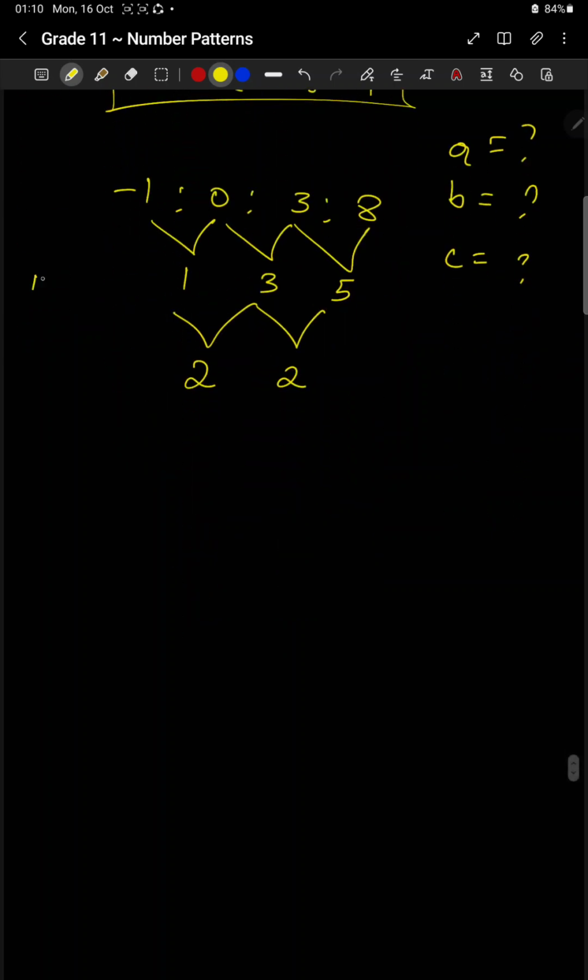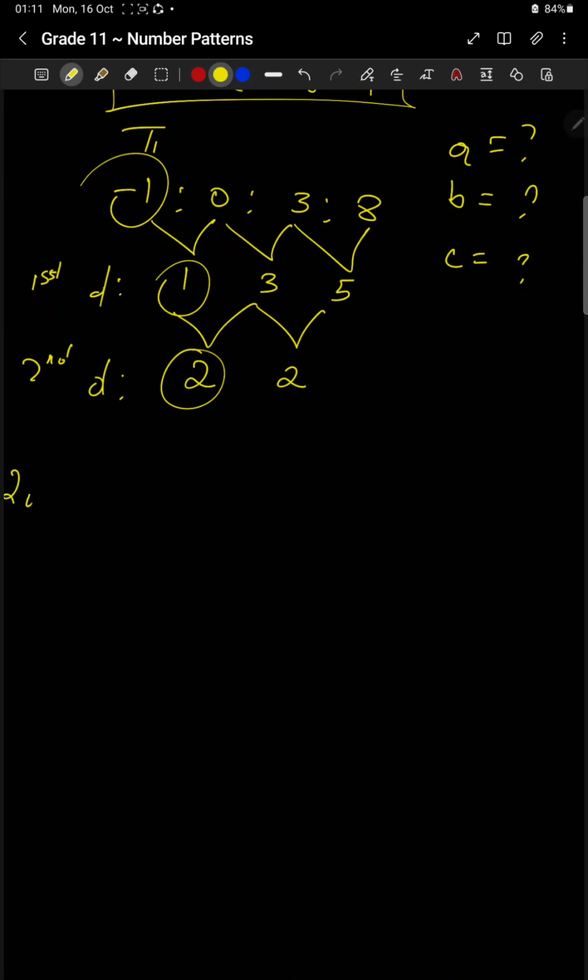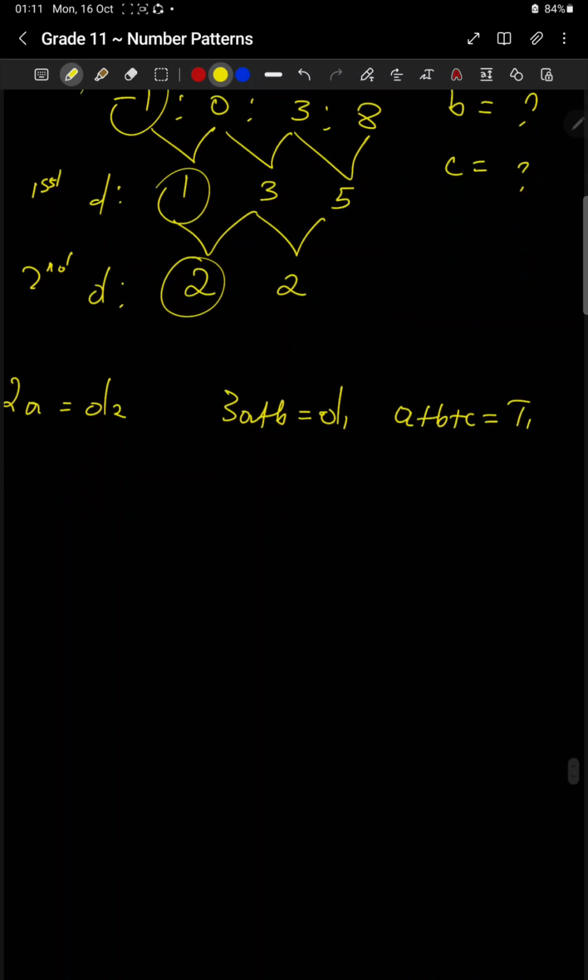So let's go. Now this is the first difference. This is the second difference. So we use this one and this one and that one. This is the first term. So 2a is equal to the second difference, and then 3a plus b is equal to the first difference, and then a plus b plus c is equal to the first term.